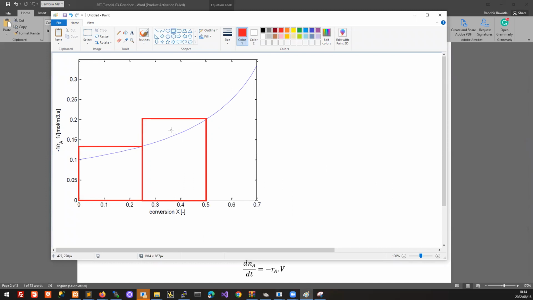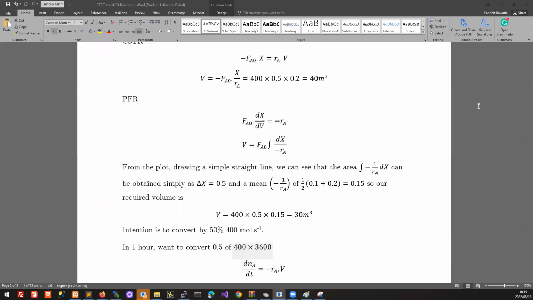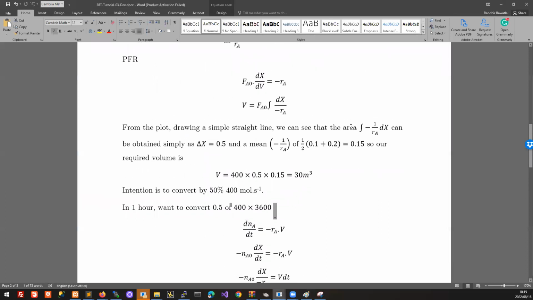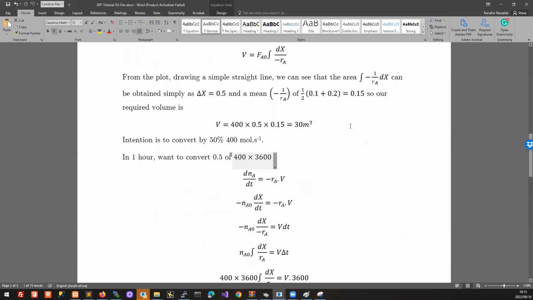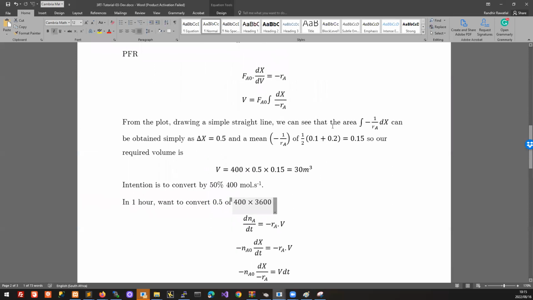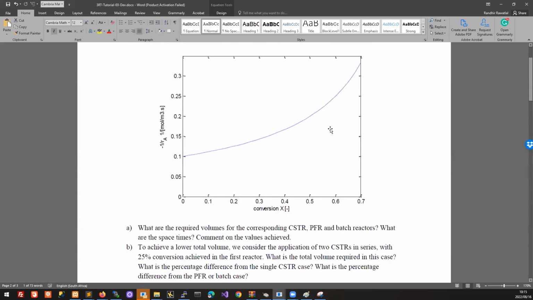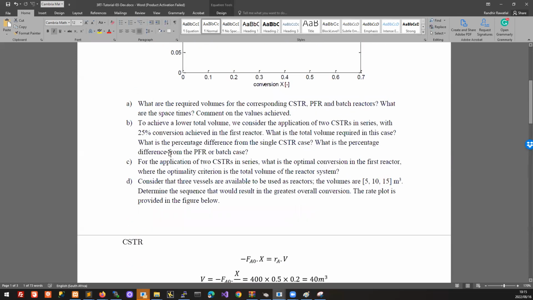So your 2 CSTRs are still bigger, but it's better than the 1 CSTR. And of course, as you use more and more little volumes, you get closer and closer to plug-like behavior, and so your volume gets better. But it's a more expensive thing if you were to make many thousands of little reactors. Okay, so that's part B.